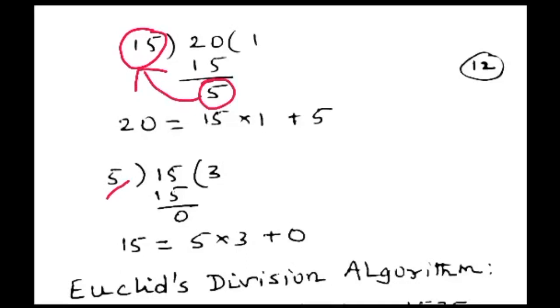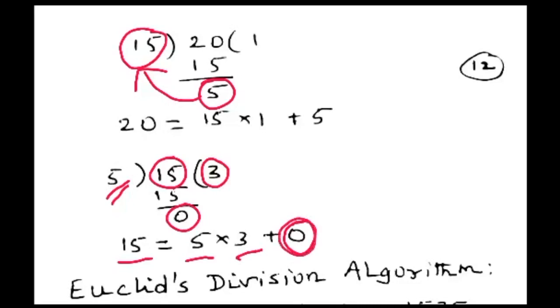Now, in the next step, we have to divide the divisor by this remainder. So, 5 becomes the divisor, 15 becomes the dividend. When 15 is divided by 5, we get 3 as quotient and remainder 0. So, we should stop the procedure here. So, 15 equals divisor 5 multiplied by quotient 3 plus remainder 0.